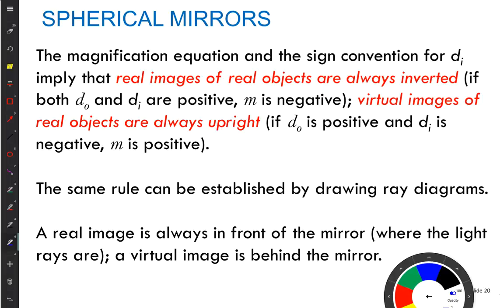So how does this work? Just the same as what we've been doing. You have a focal point, focal length. You only need to put one focal point for a mirror.